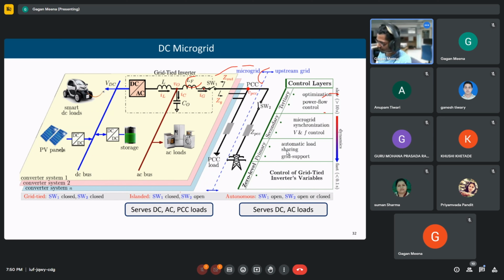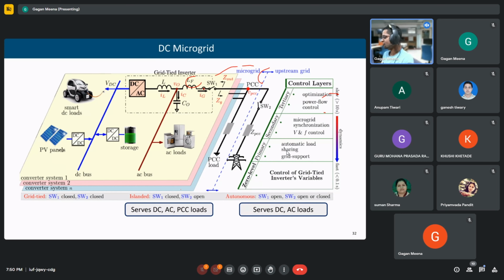Relay also, protection system also. We have backups, right? So should the backup operate first or the primary protection? Which one? Primary, sir. Yes. Similarly, here also. Zero level is the most primary control, then we move up to higher levels. The lowest level is the zero level, which is the most primary control and quickest.